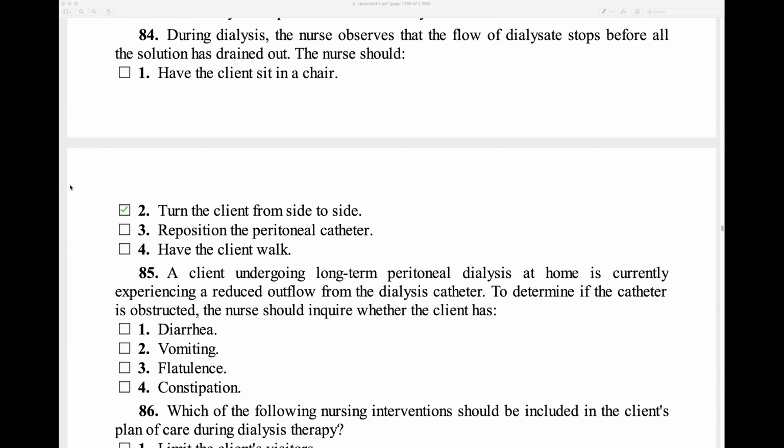Very good. The correct answer for 85 is 4.